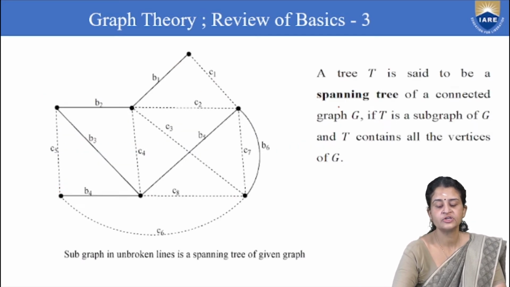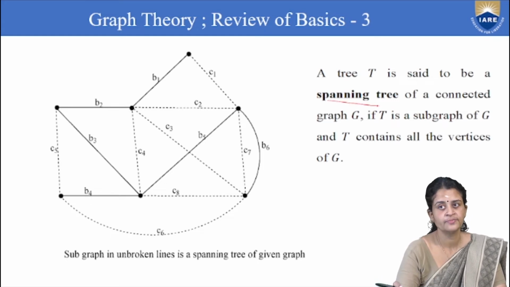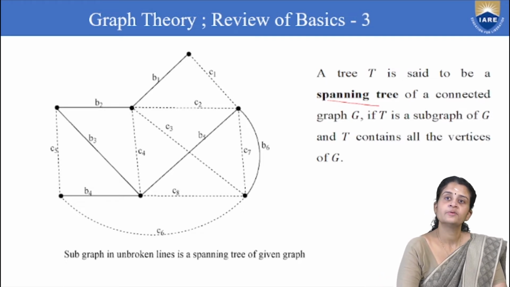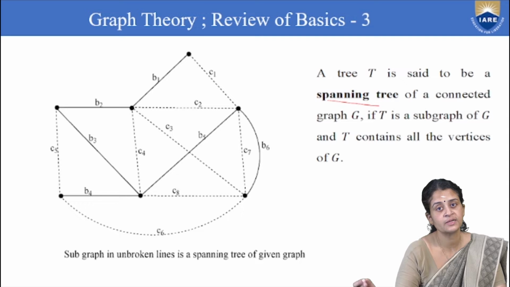A tree is said to be a spanning tree of a connected graph G if T contains all the vertices of the given graph G. So for a graph to be a subgraph, does it require every vertex to be in that subgraph?